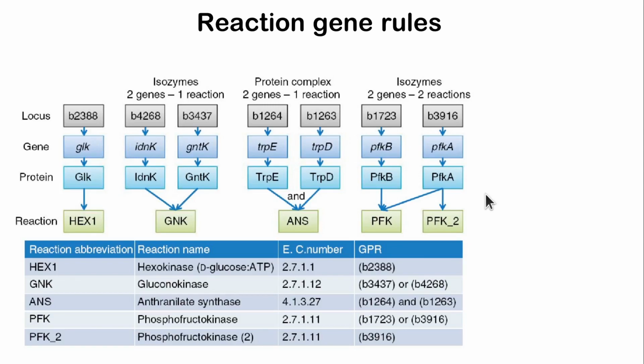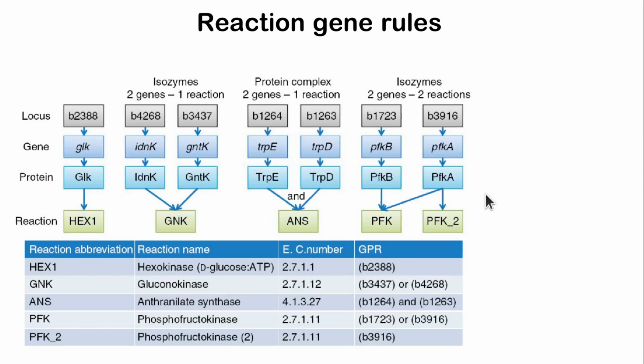And so these are our two main rules that we have. We have AND or OR relations, and as a third interesting aspect, a single gene can have relevance to multiple reactions.